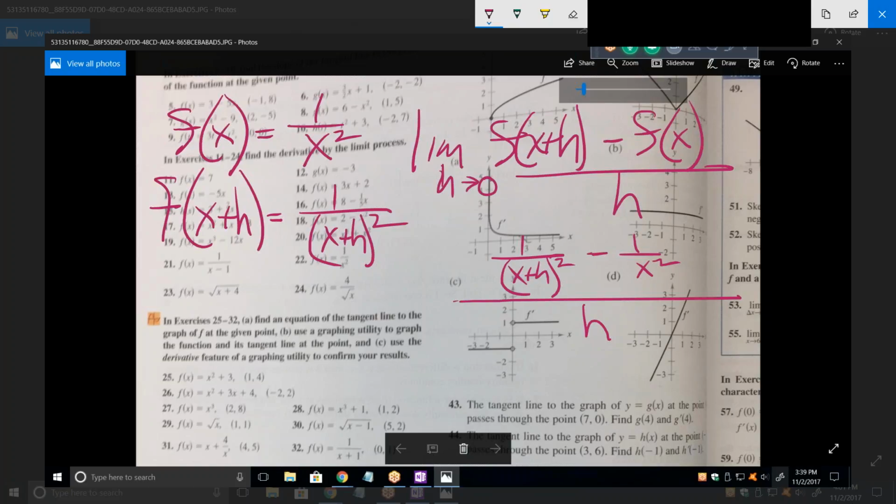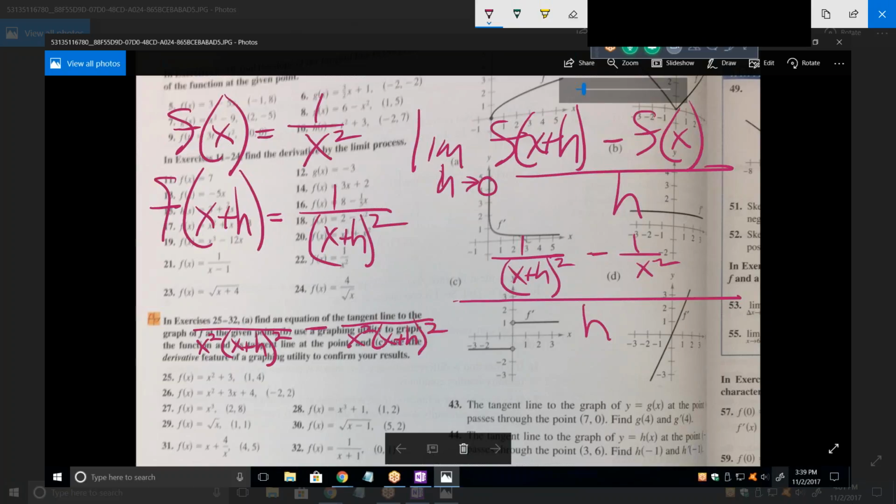Well, the common denominator, I'm going to write it over here on the left, and I'm just looking at the numerator here. Common denominator's got to be x squared times x plus h squared, correct? And that's what you have to do, believe it or not, and that's why this becomes extra tough.